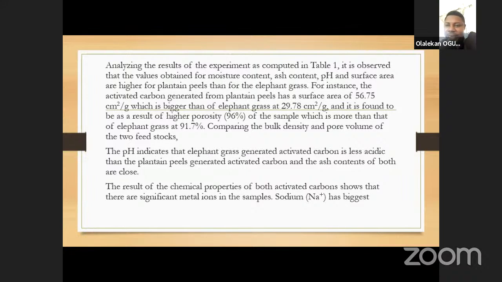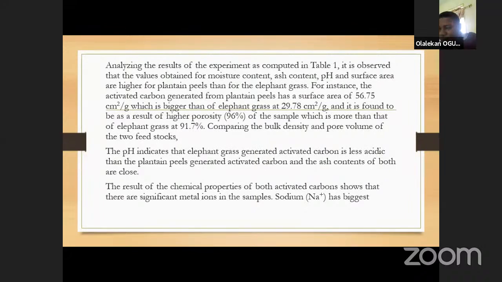The pH value indicates that the elephant grass activated carbon is less acidic than the plantain peels. And the ash content of both of them are very close.